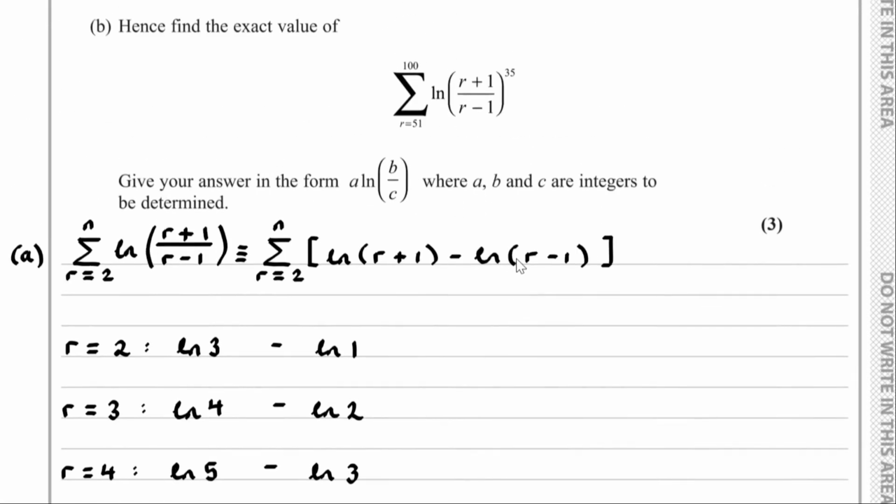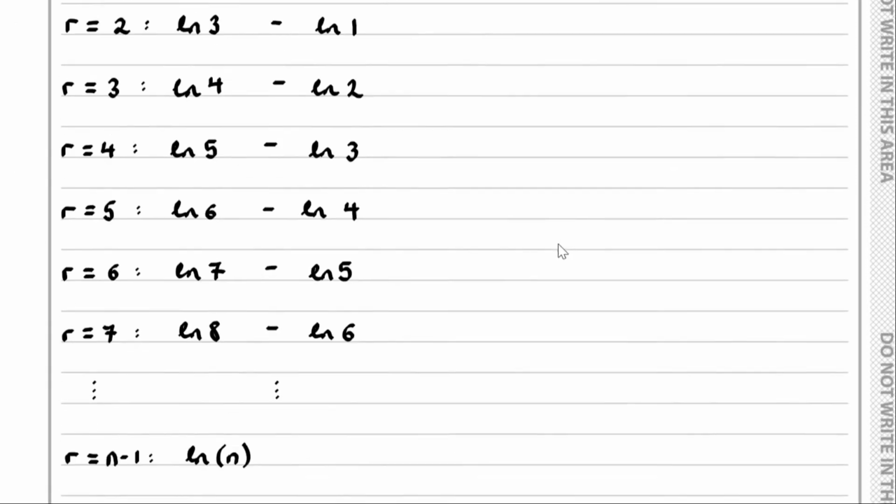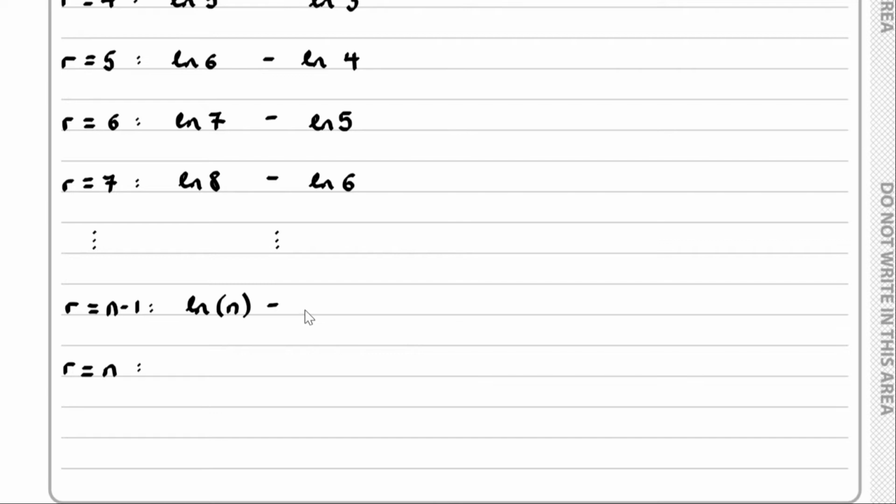And then here we've got the natural log of n minus 1 minus another 1. So that's the natural log of n minus 2. And then when r equals n, we've got the natural log of n plus 1 minus the natural log of n minus 1.